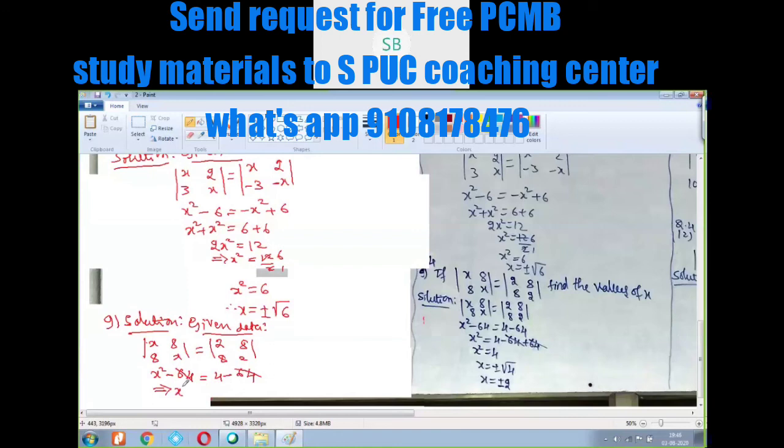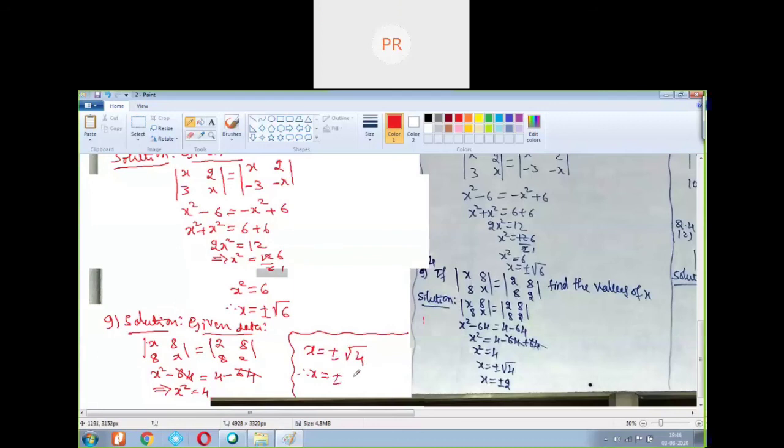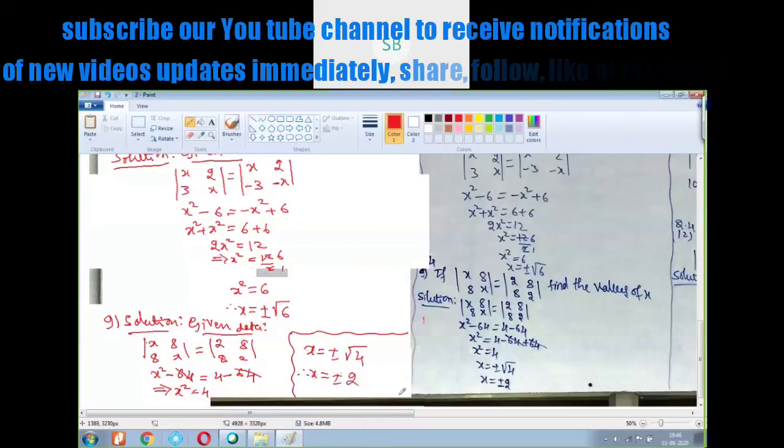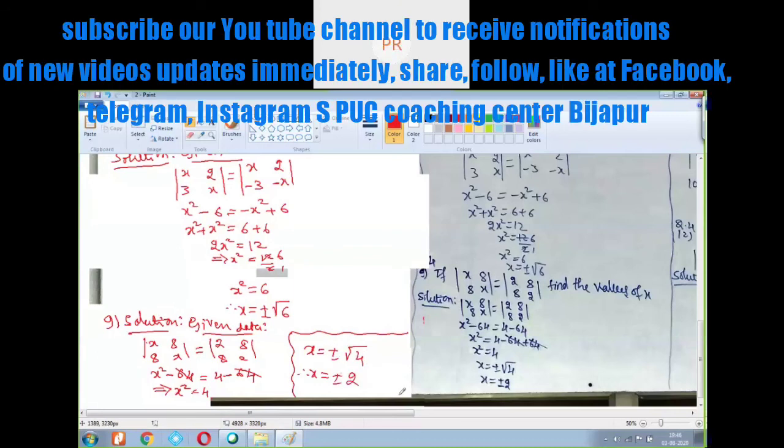However, you can do simplification, there is no matter. So that is x square is equals to 4. Then what will be the value of x? Okay, that I am going to write here on this side, that it is x is equals to plus or minus root 4. Therefore, x value you obtained it as plus or minus 2. Okay.